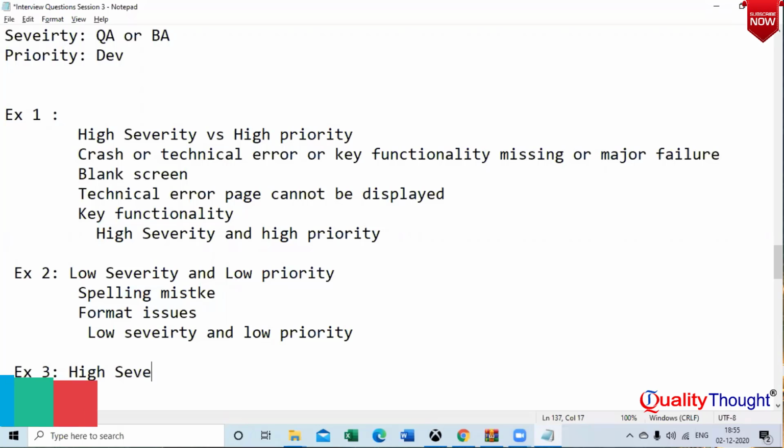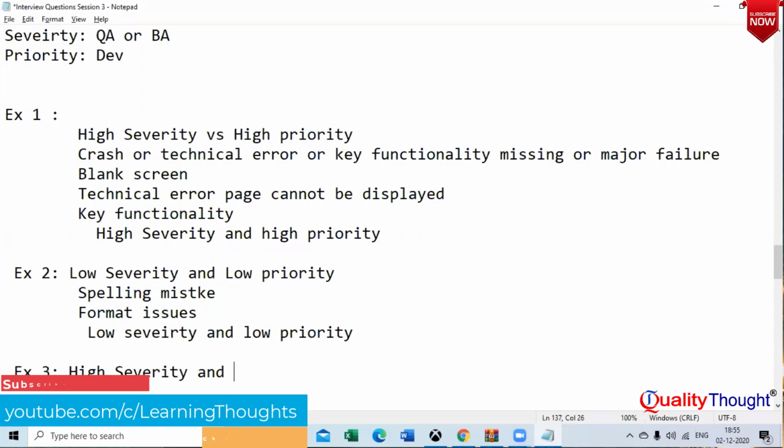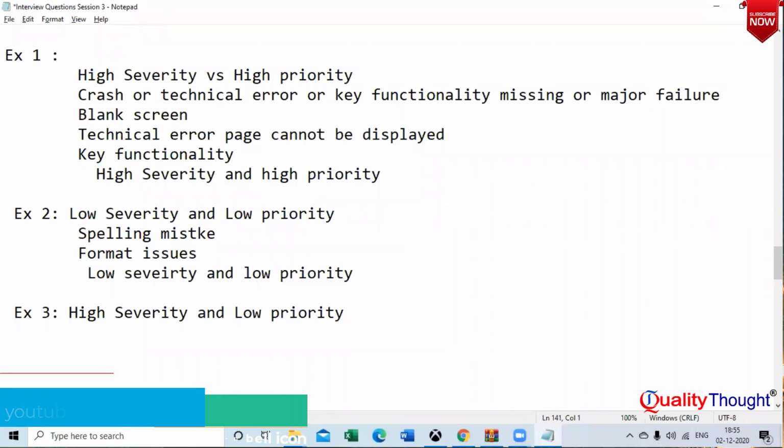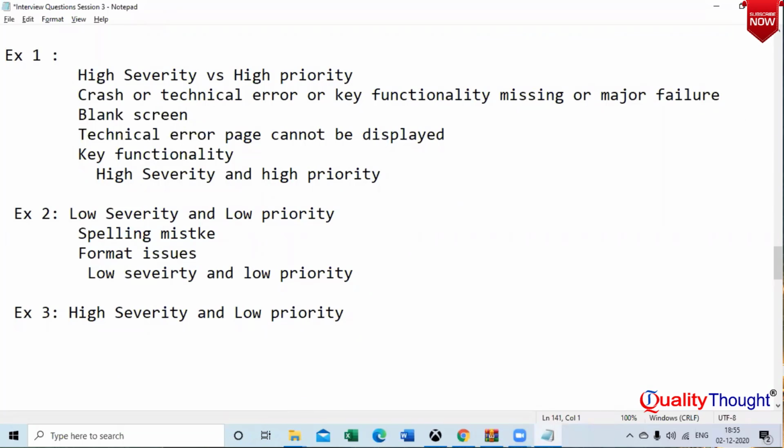The reverse order: high severity and low priority. So what is high severity and what is low priority?